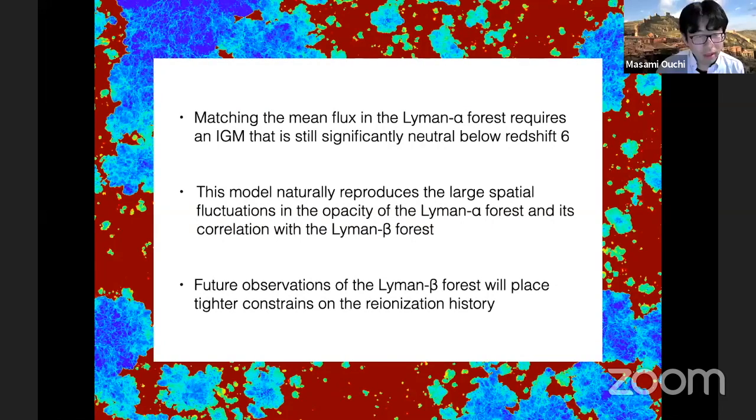Okay, great. And the next question is from Melema Garelt. What does your late reionization model imply for the changes seen in the population of LAEs around redshift 7? Yeah, so we've tried to model the LAEs and their correlation with the Lyman-alpha forest, and we get great agreement there.